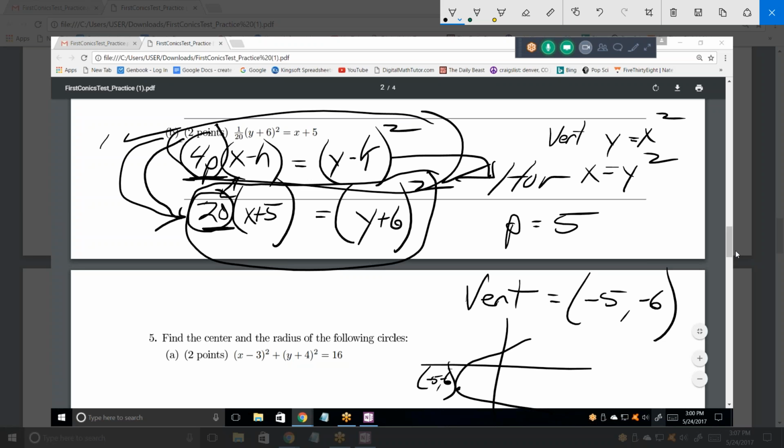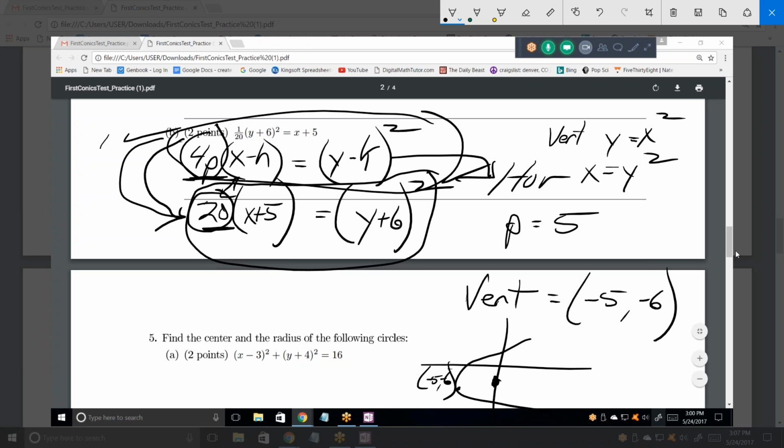Or I should say 4P is positive. Now, the fact that it opens to the right and P equals 5 means the focus is right there. In other words, it's positive 5 units to the right of the x-coordinate.